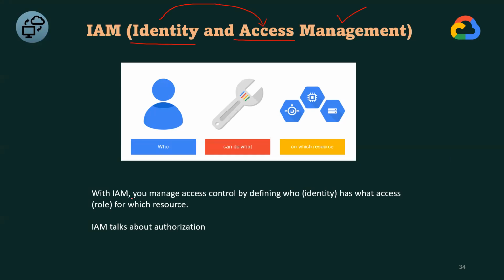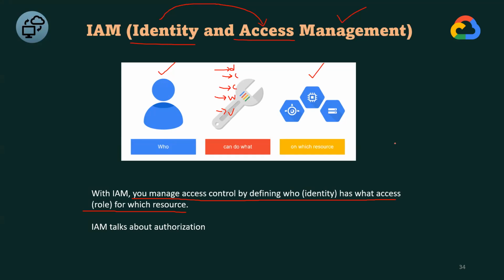You manage access control by defining who has what type of access to which service. Who is nothing but you or me or some service account. Action means whether he will be able to delete, create, clone, view, or get. All these are actions on a service. That is what IAM talks about.